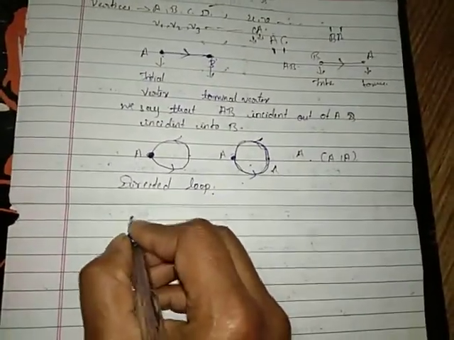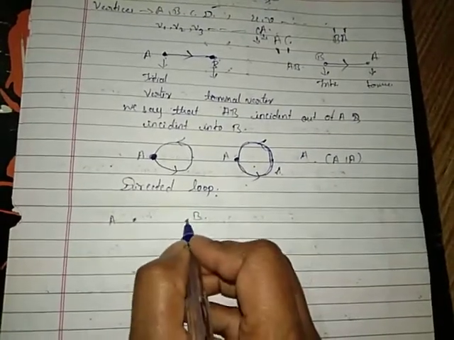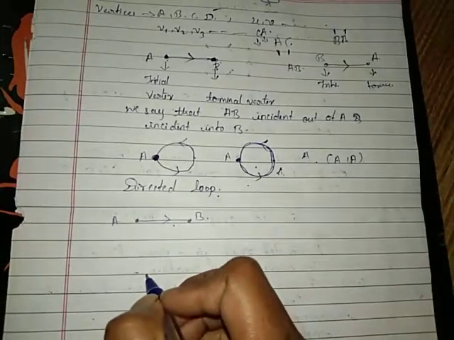Suppose A and B are the two points. Suppose I join A to B, and AB is the directed graph.